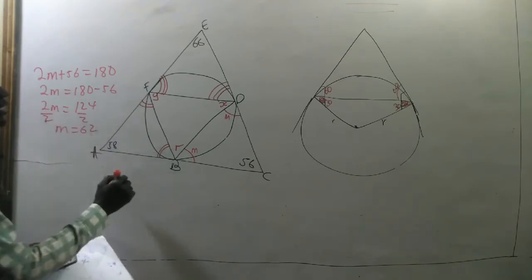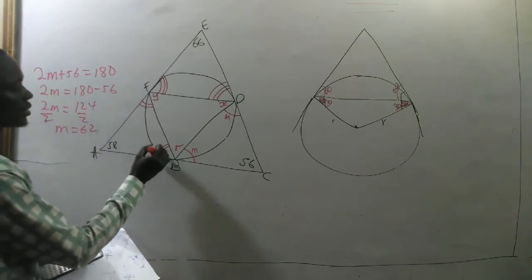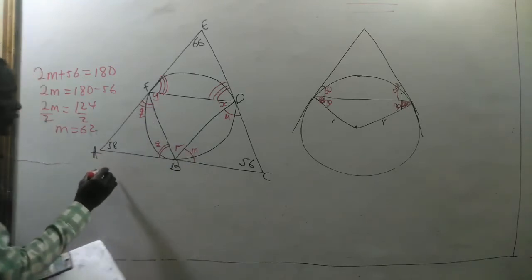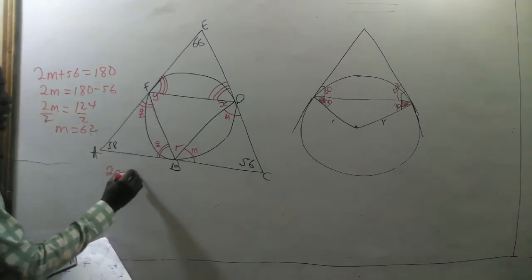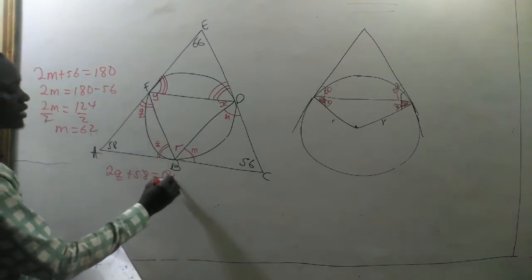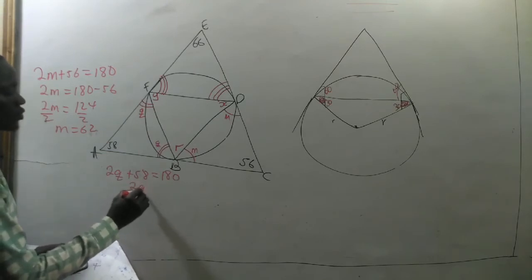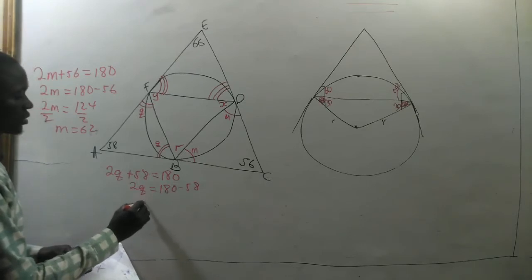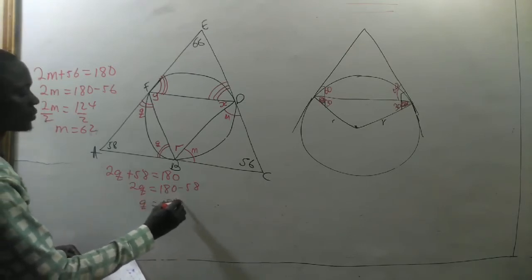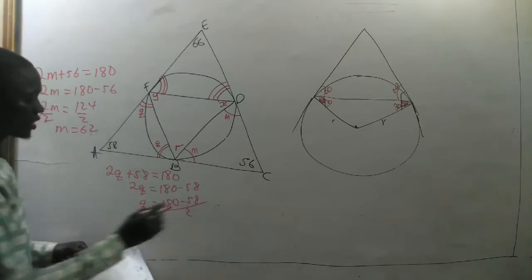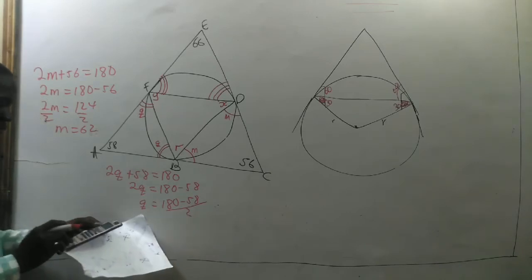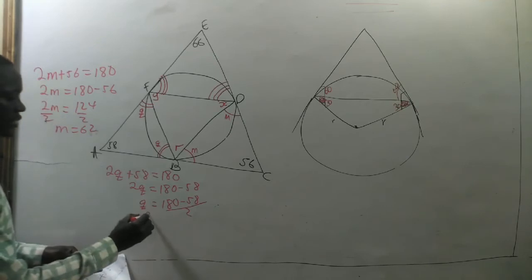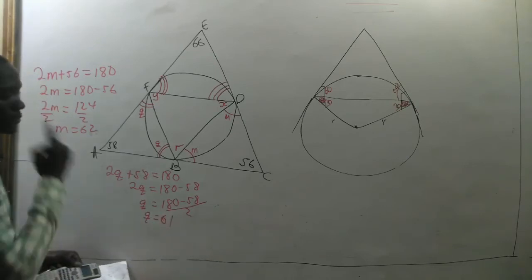And then if we indicate here as Q, this place will also be Q. So you have 2Q plus 58 equal to 180, and 2Q will be 180 minus 58. Q will be 180 minus 58 divided by 2, which will give us Q as 61.